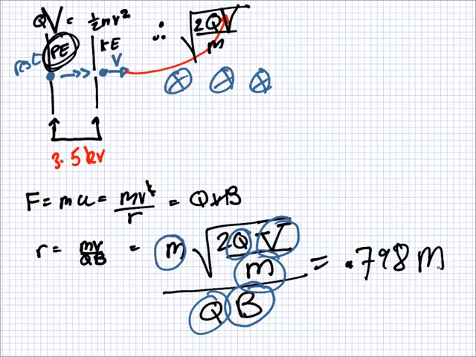Wait, I mean the electron, right? And then square root 2 times the constant, right? Times 3.5 kilo, divided by the constant. Oh, okay, whatever. 0.798. Right.